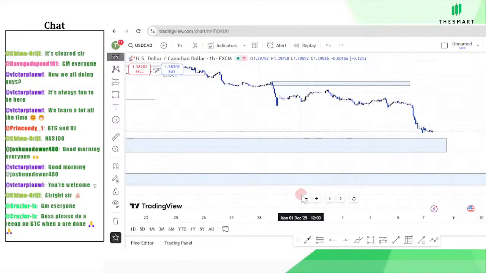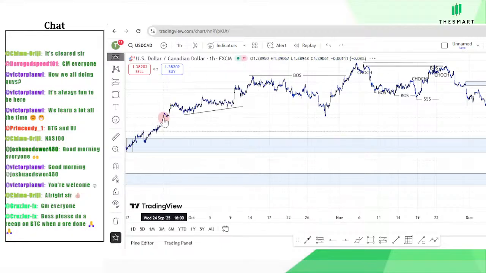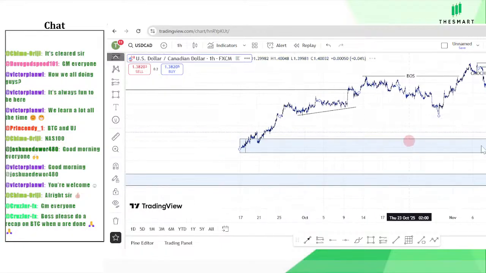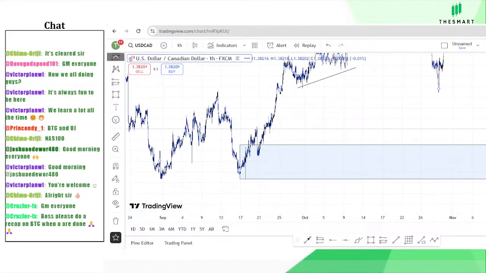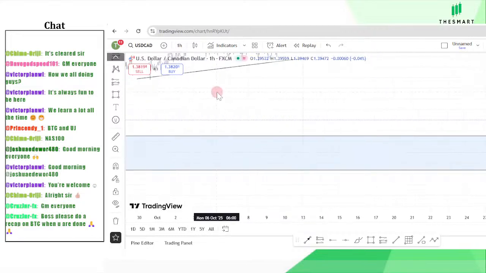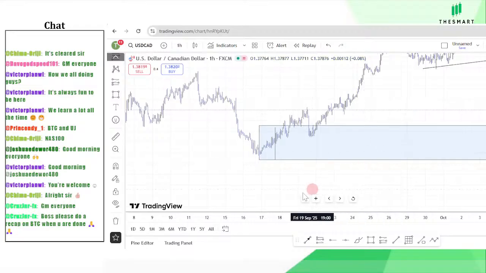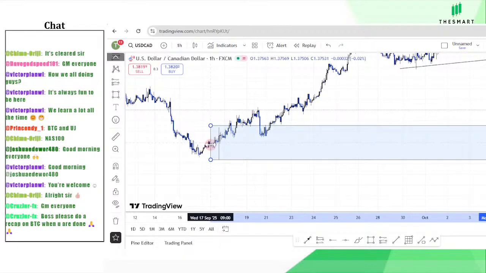But I was trying to look for a sell first, if price gives me that opportunity to sell. So let's look at what this zone looks like on 1 hour. Okay, so on the 1 hour, we have this large candle.